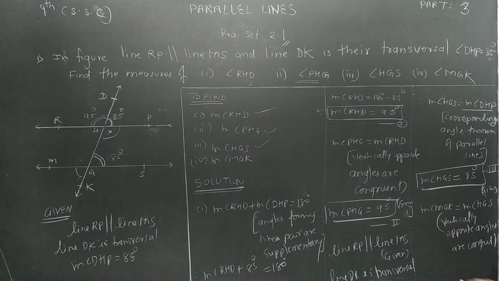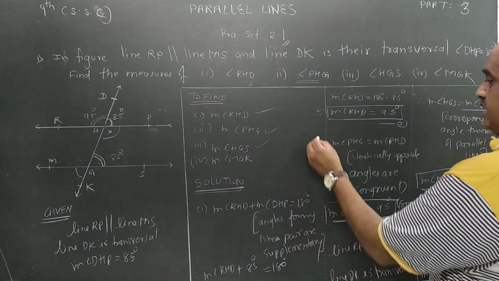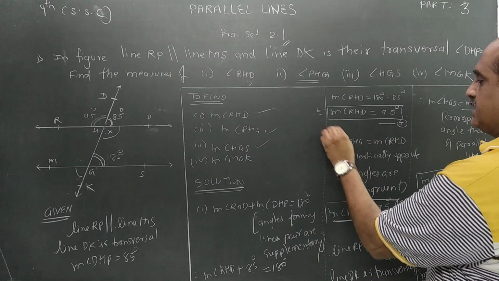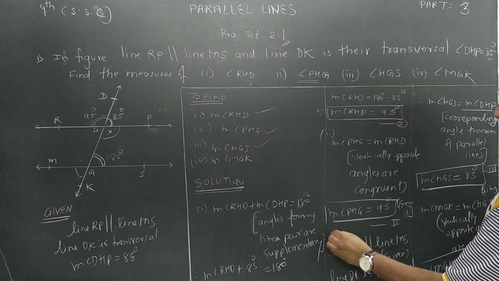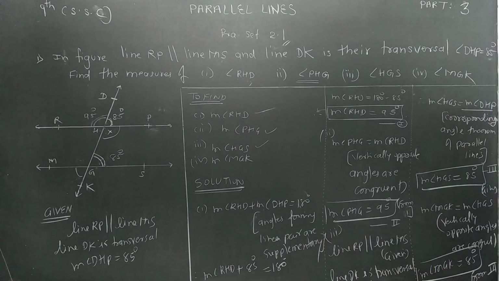So therefore measure of angle MGK is equal to 85 degrees, and you are going to write from 3. So you got the answer for the first, this is the answer for the second, this is the answer for the third, this is the answer for the fourth.